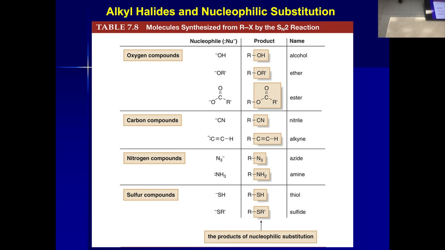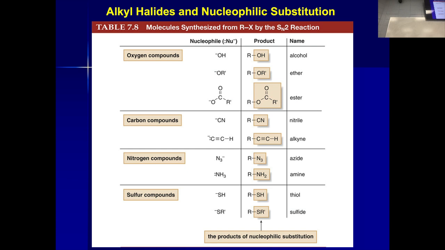I can have these carbon-containing nucleophiles where carbon has a negative charge, and I can form things like nitriles and alkynes. I can have nitrogen-containing nucleophiles like N3-, called azide, or ammonia, and I can form azides and amines. And then I can have sulfur-containing nucleophiles, and I can make thiols and sulfides. So you can get all of these types of products.